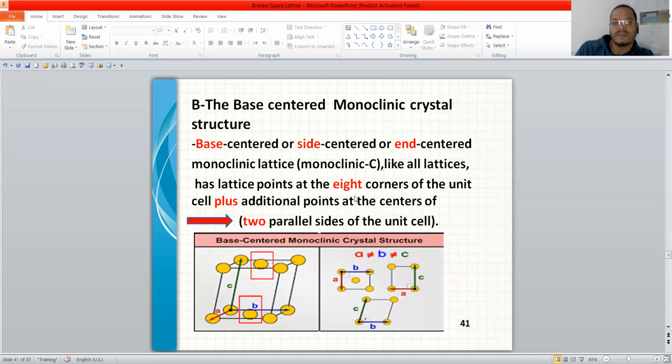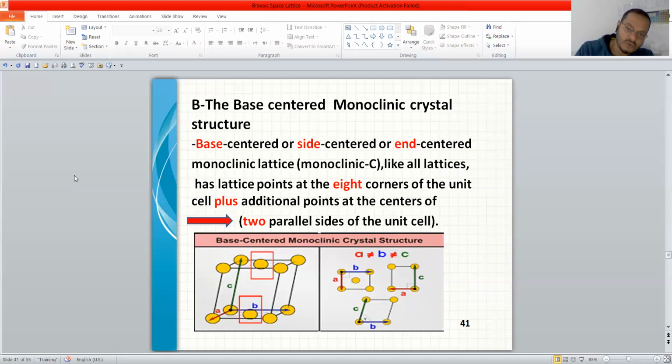Now, the base-centered monoclinic crystal structure, or we can say side- or end-centered monoclinic lattice. Like all lattices, it has lattice points at the 8 corners of the unit cell plus additional points at the centers of 2 parallel sides of the unit cell. Here the situation is totally different from all the previous kinds.